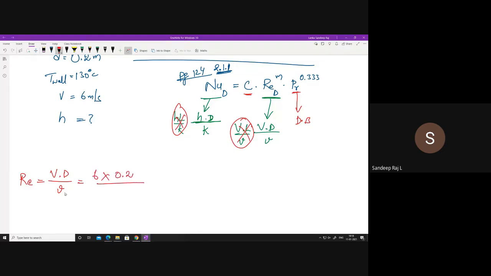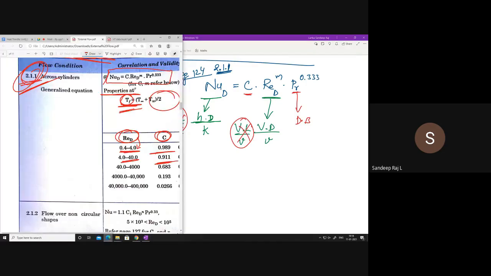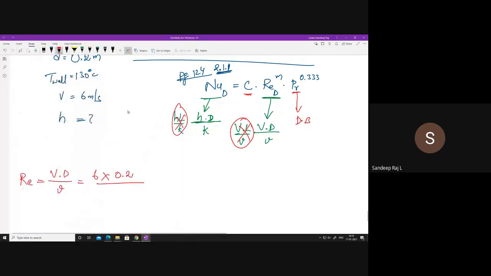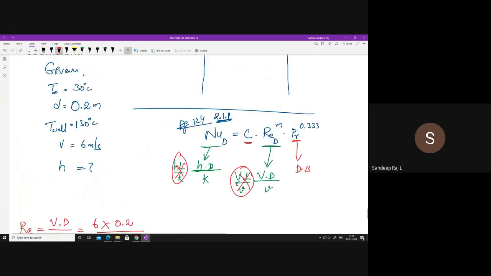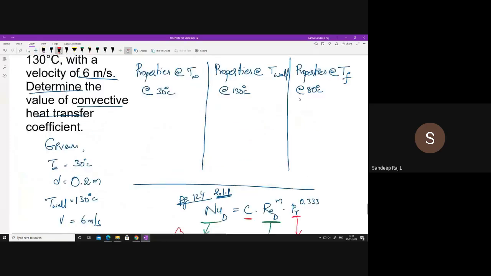The nu value is unknown to you, and in the data book he has given that these properties are to be evaluated at TF. So you have to get the properties at TF itself. The TF value is 80 degrees centigrade.